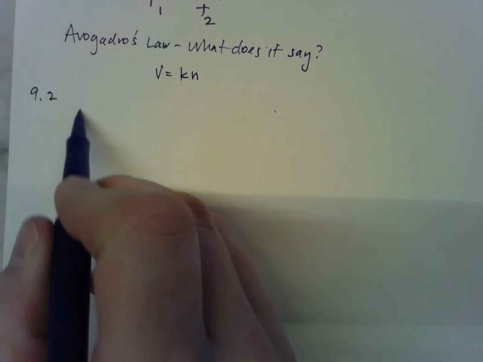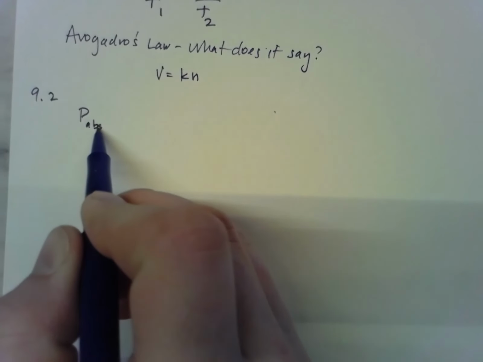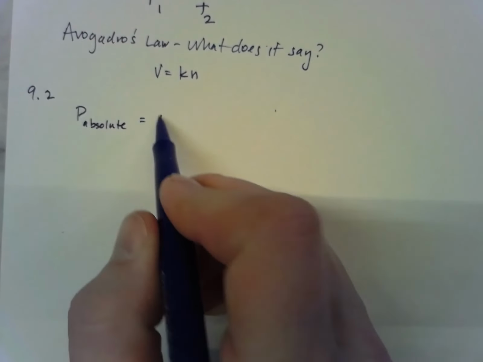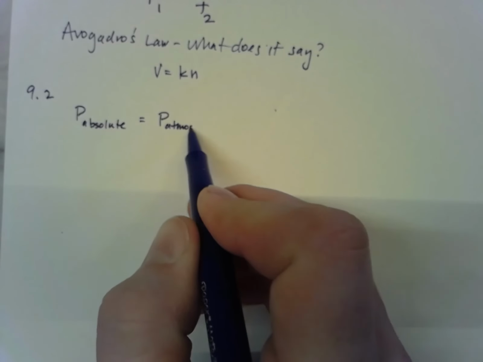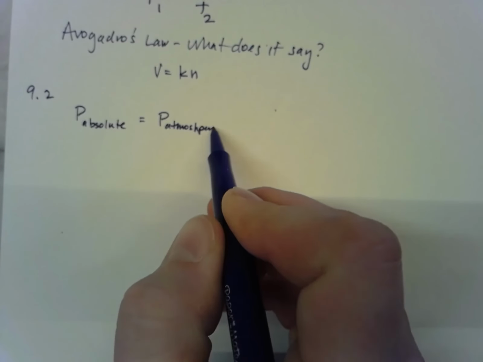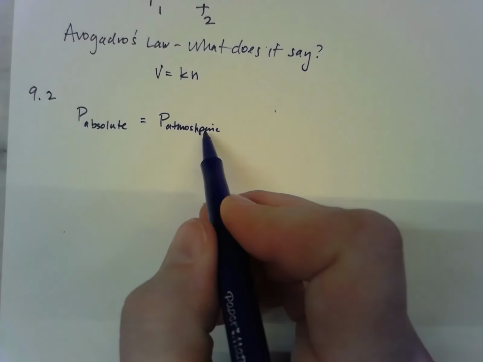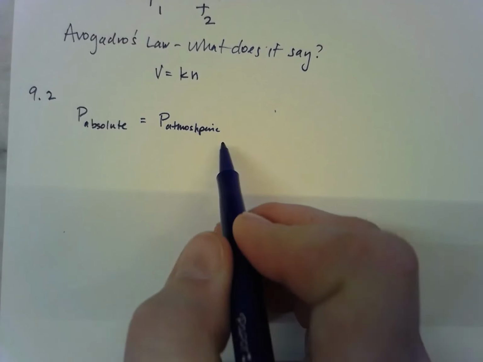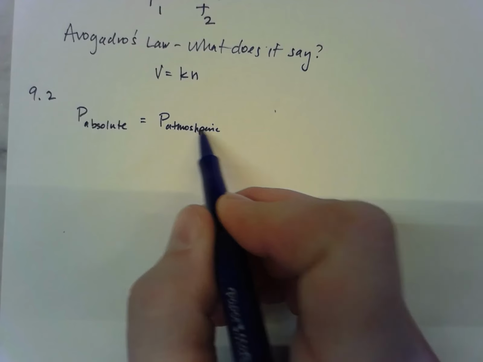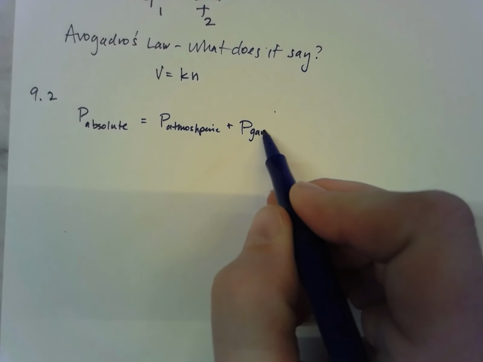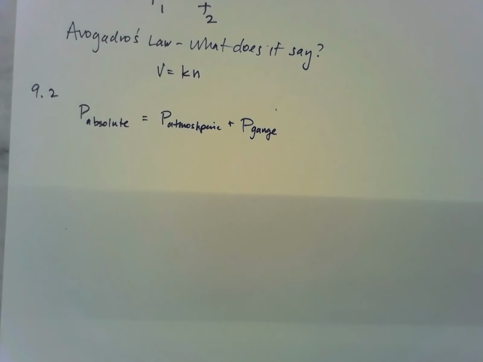We'll have absolute pressure is equal to atmospheric pressure plus gauge pressure. Sorry, I got the P and the H backwards. We'll come back and talk about that as well.